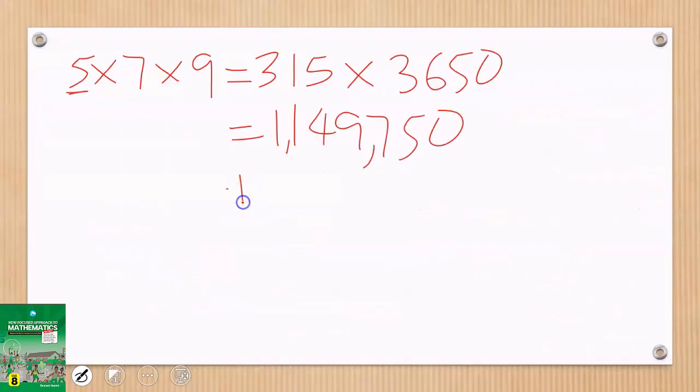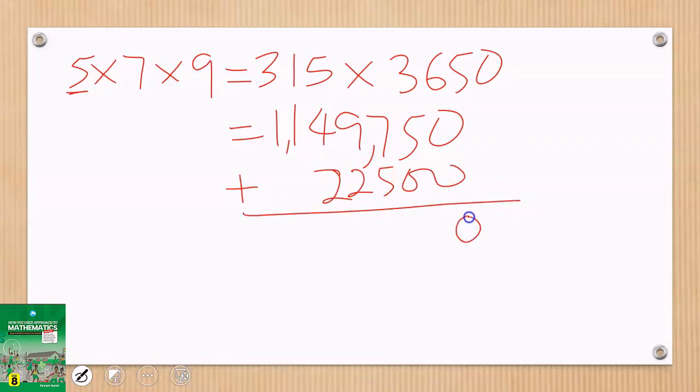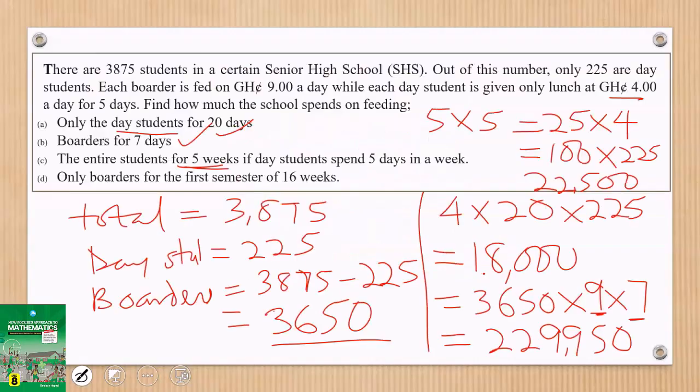Now, when we put this together with that of the day students, which is 22,500, so plus 22,500, the total will be 1,172,250. So this is the amount of money they will use to feed the entire students for 5 weeks.